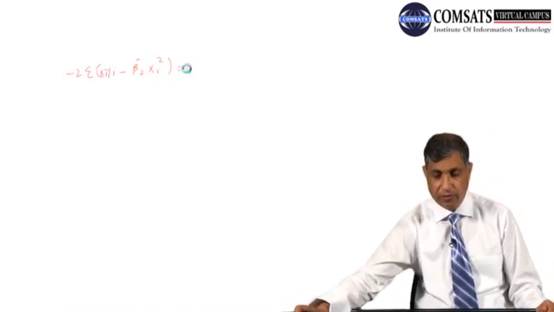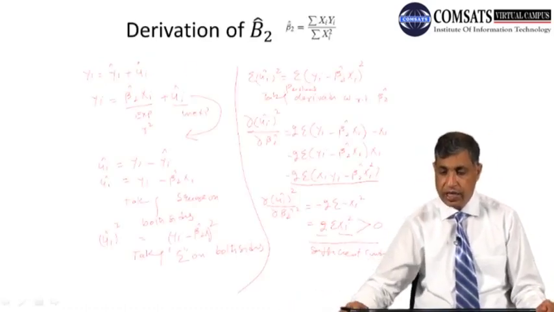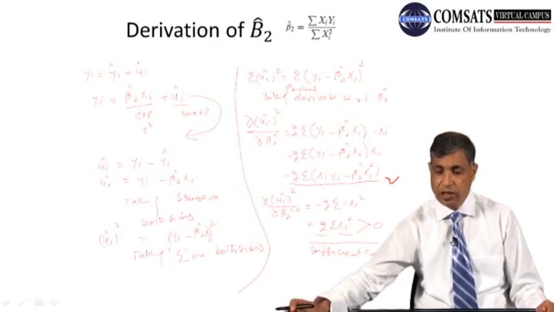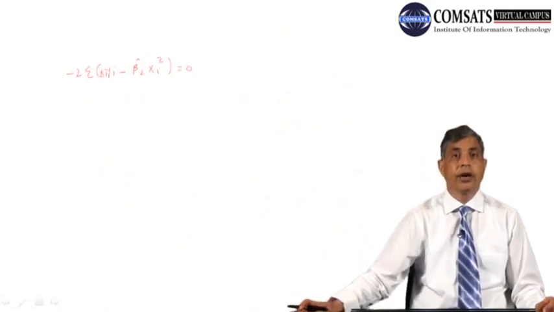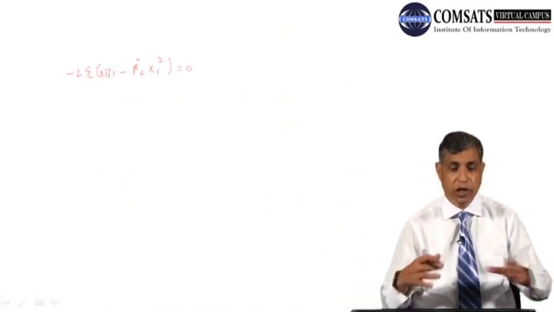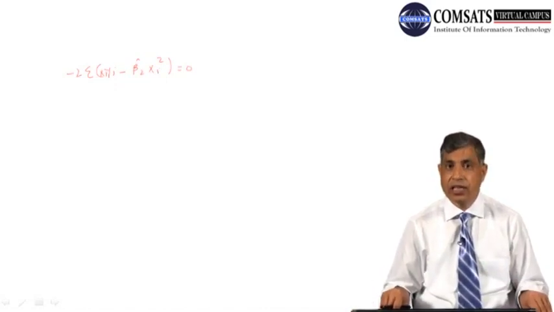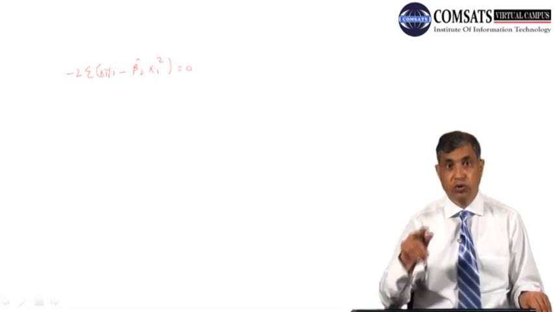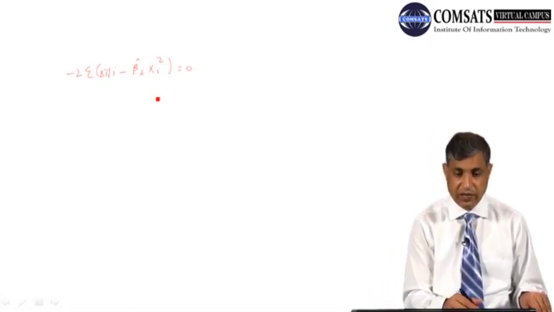If you want to confirm this, it can be confirmed here. Now we have almost achieved the target, and we are just going to manipulate this. It will give us the formula of beta 2 hat.